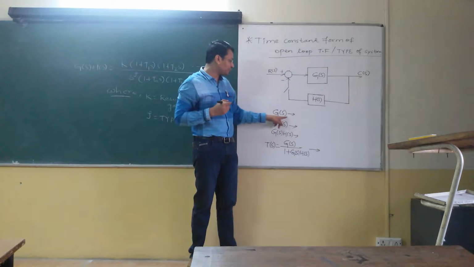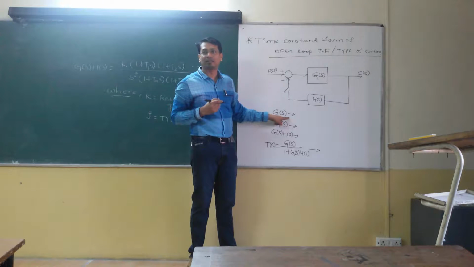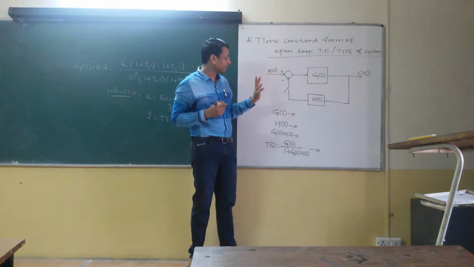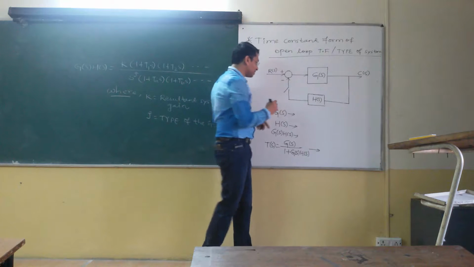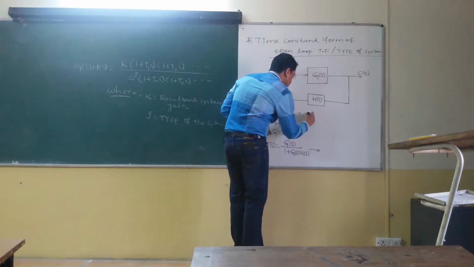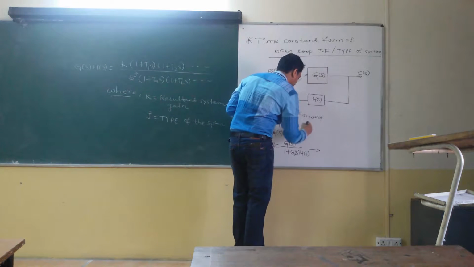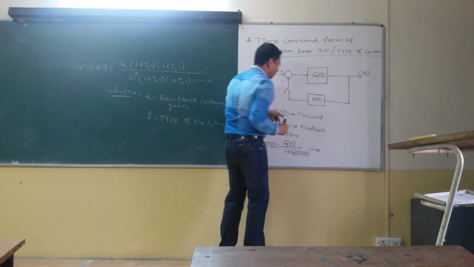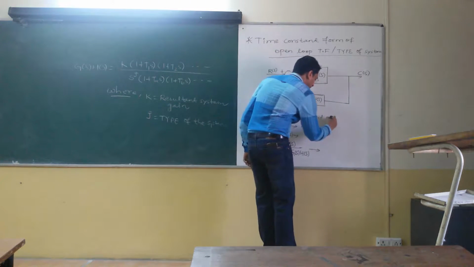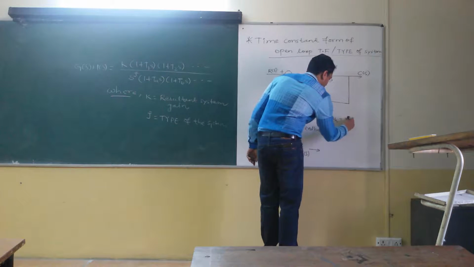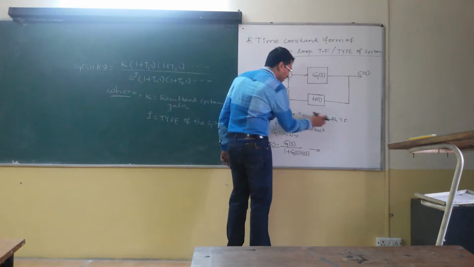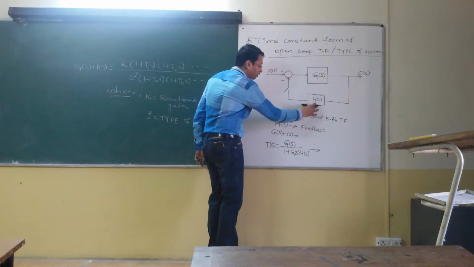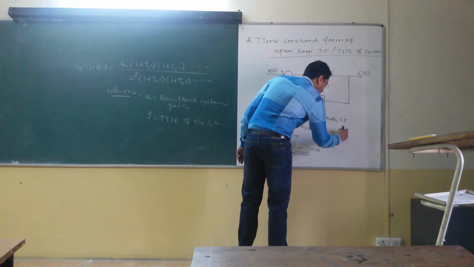G(s) is the forward path transfer function. H(s) is the feedback path transfer function.